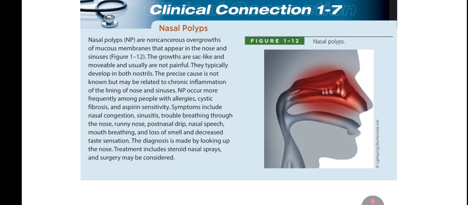We also have nasal polyps, which are non-cancerous, but probably a main reason why we can have nasal congestion, sinusitis, and trouble breathing.